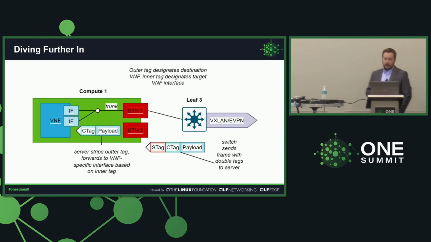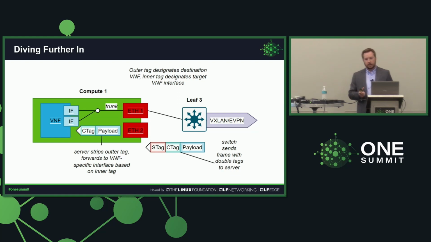So, as I said, this is where we're getting creative. The key component here is that we're actually using that outer tag to designate the destination virtual network function, the network function itself. And then we're using the inner tag to correctly select the interface on that virtual network function.